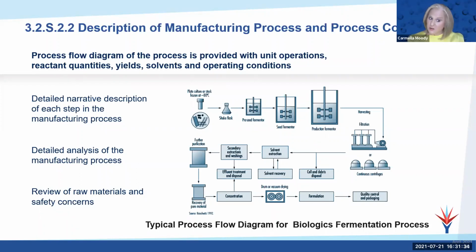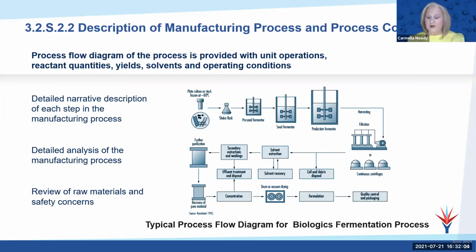But another point to remember about your manufacturing process information that goes in your IND: you do not need to be specific to equipment or even necessarily to specific ranges like stirring speeds or stirring times, those sorts of things.